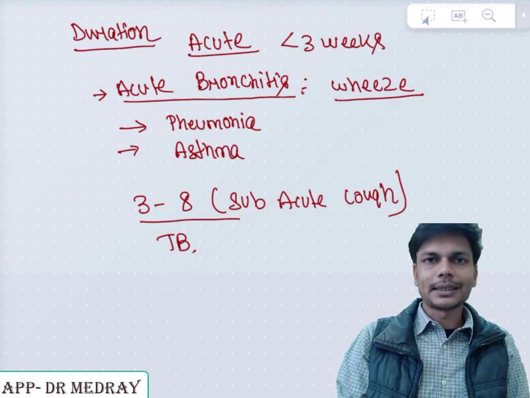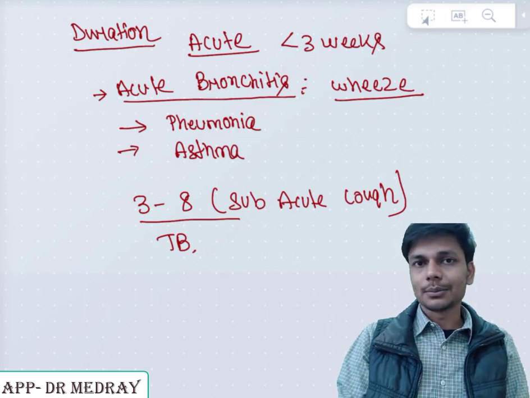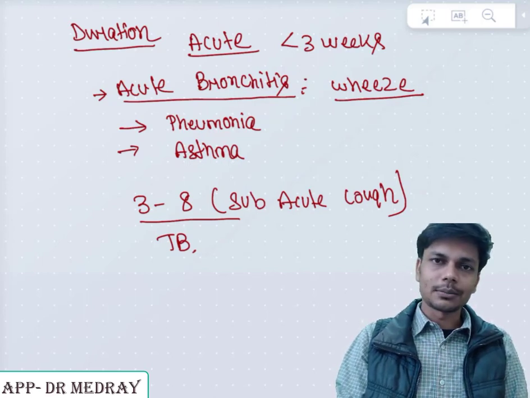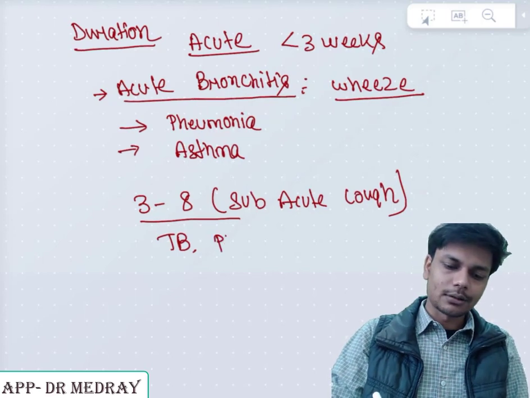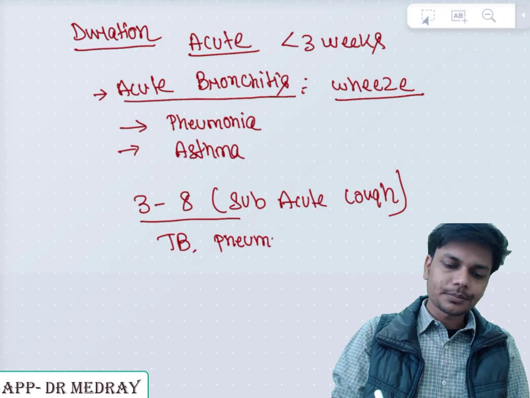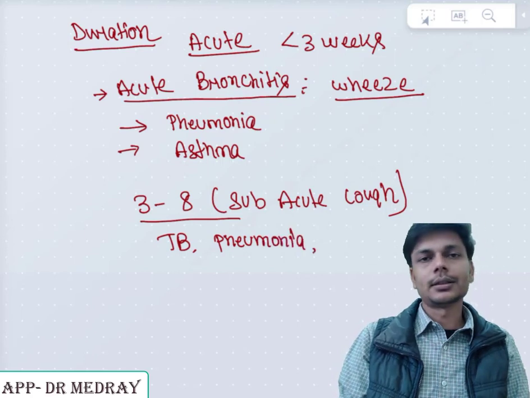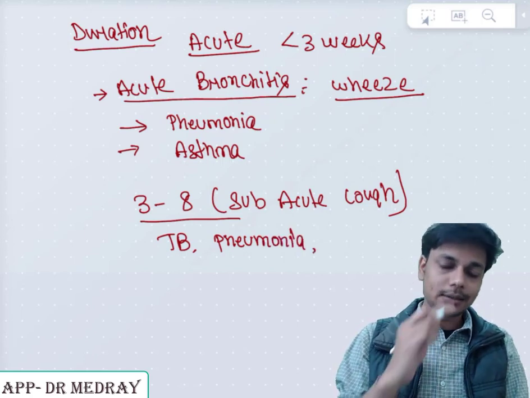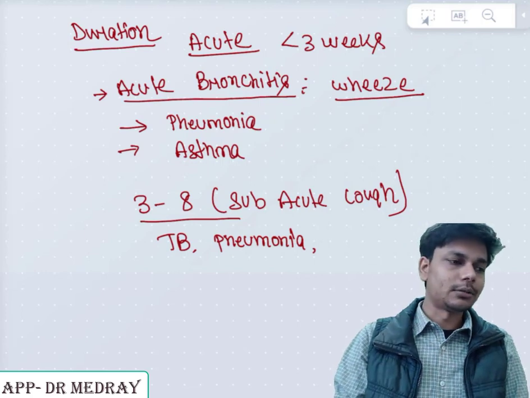Pneumonia can sometimes, if the patient does not present within 3 weeks and doesn't take any treatment, have cough that persists beyond 3 weeks, so pneumonia can also present as subacute cough.